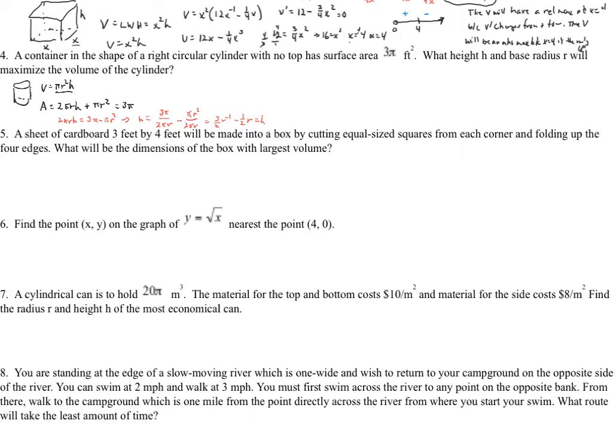So now our volume formula is going to be pi r squared times that 3 halves r to the negative 1 minus 1/2 r. Let's go ahead and distribute that. So we'll call that 3 pi over 2.